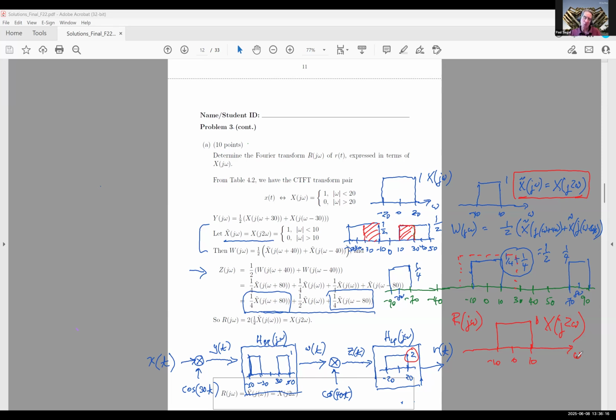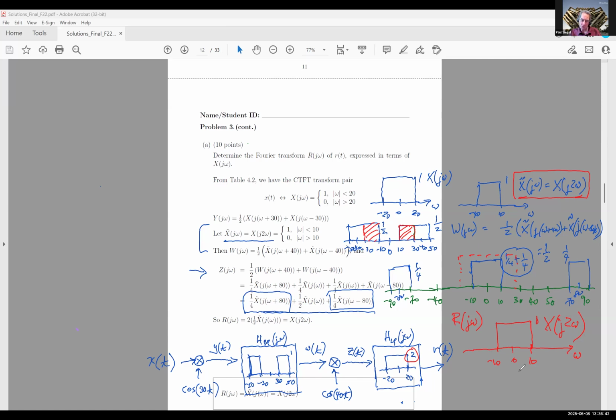That could lead you to realize that what you're dealing with all along, after the bandpass filter, is operations on that scaled version of x of j omega. And if you give that a name, then you can write down the equations and so on. So that was the idea.